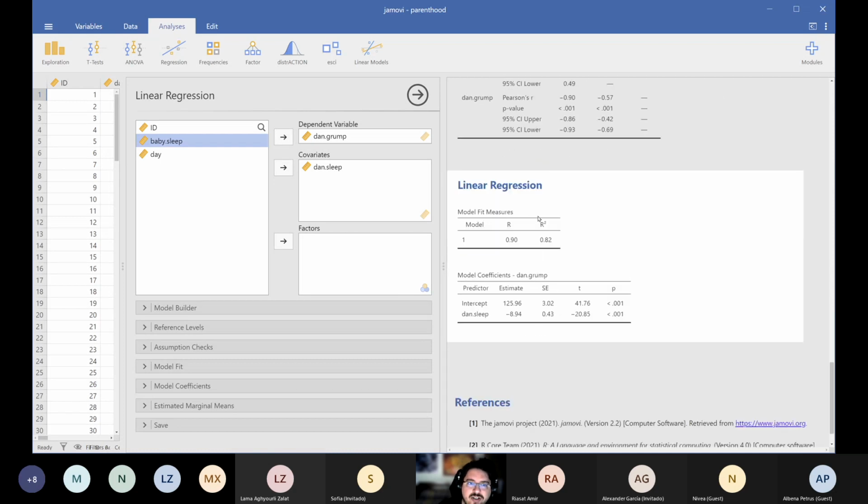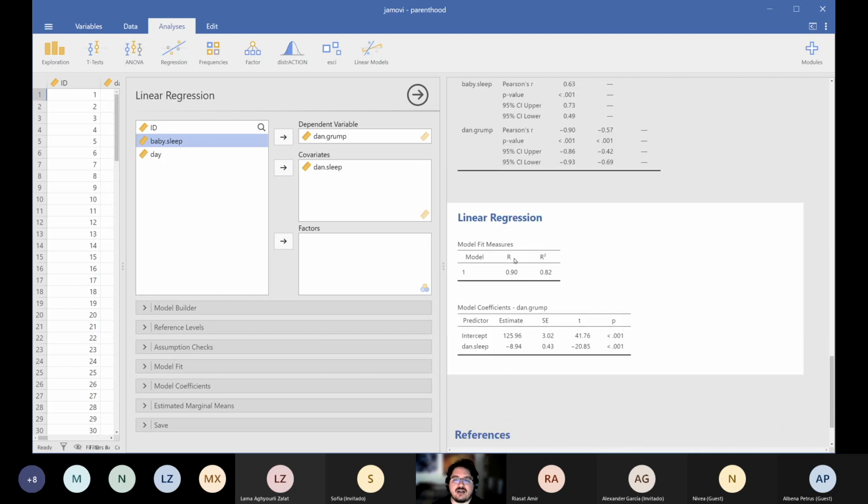Now, linear regression. The first thing that we see is the R, which is the same as a Pearson's R, although in this case just positive. And we have the R squared, which is the percentage of the variance in the response that our explanatory variables explain in our model. The things that we were looking for are the intercept and the slope.